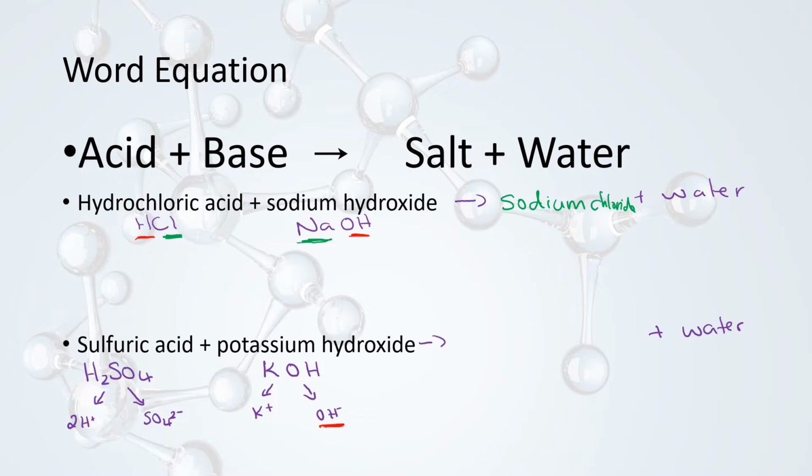The hydroxide and the hydrogens make our water. The remaining part is our salt, which is the potassium ions and the sulfate ions. We must go through normal ionic compound naming procedures. So it's potassium sulfate.